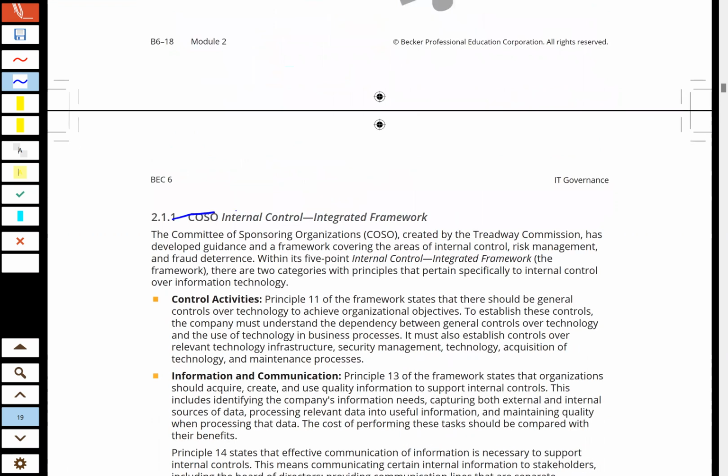COSO has an integrated internal control framework, and it covers more than just IT. But let's tease out some of the parts of COSO that are relevant to IT, and let's flashcard those. There's a five-component internal control framework that we talked about in an earlier class.